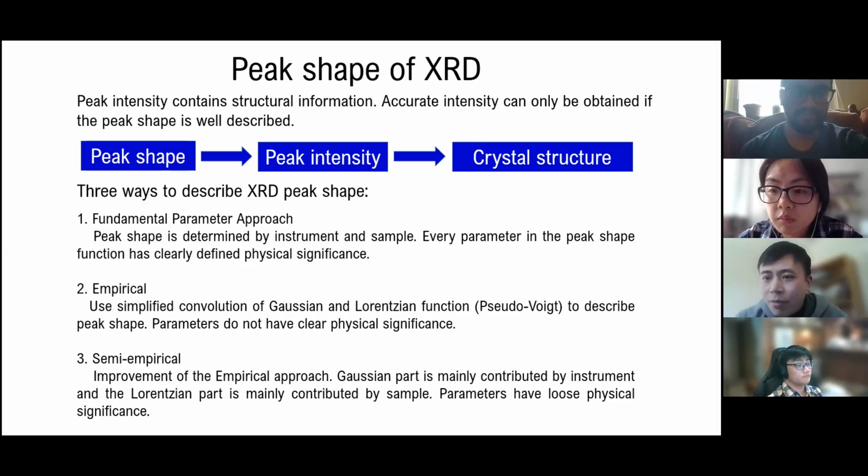Then we touched upon the peak intensity, and the number one concept that we always need to keep in mind is the structure factor. The structure factor is the key, I would say, right? It is something that enables people to really solve atomic structure from the X-ray intensity.